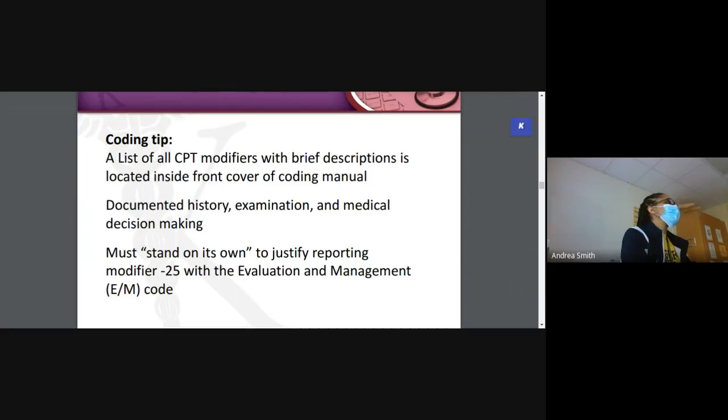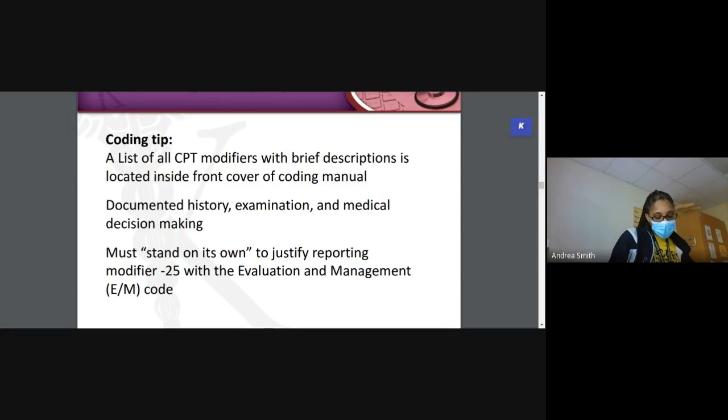A tip, a list of all the CPT modifiers with a brief description is located on the front side of your coding manual, which you already know. It must stand on its own to justify reporting a Modifier 25 with an E&M code.